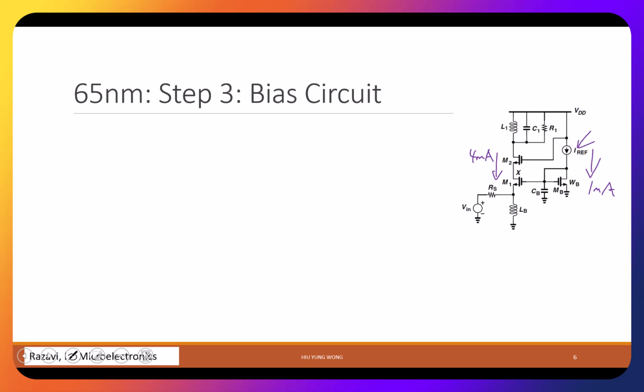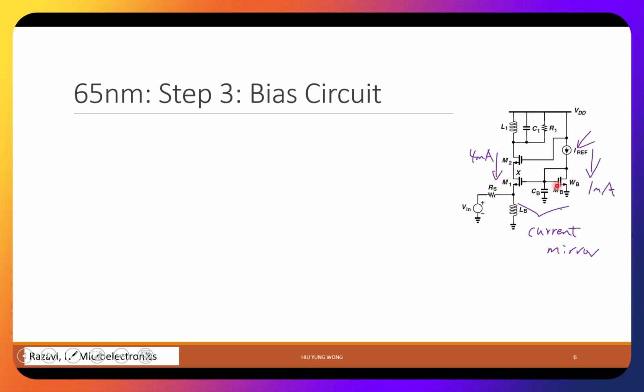But then, this is a current mirror. As I said last time, your current of 1 milliampere is going to be converted to a voltage, and this voltage is going to apply to M1.